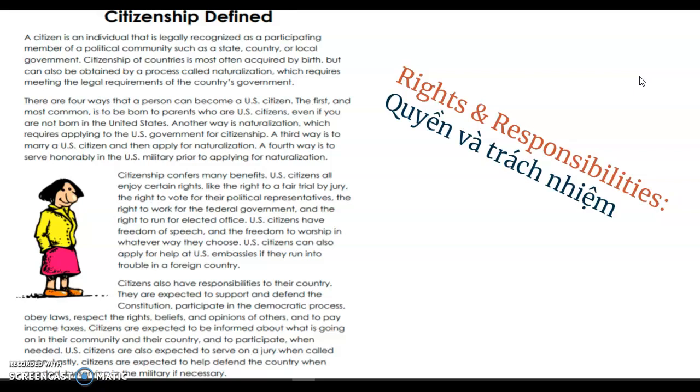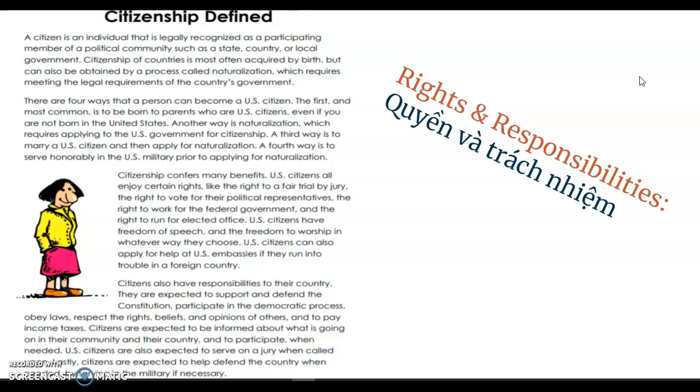There are 4 ways that a person can become a U.S. citizen. The first and most common is to be born to parents who are U.S. citizens, even if you are not born in the United States.